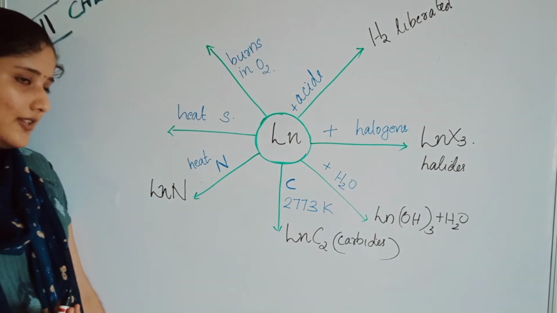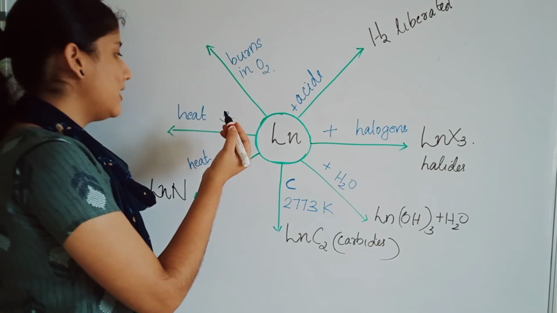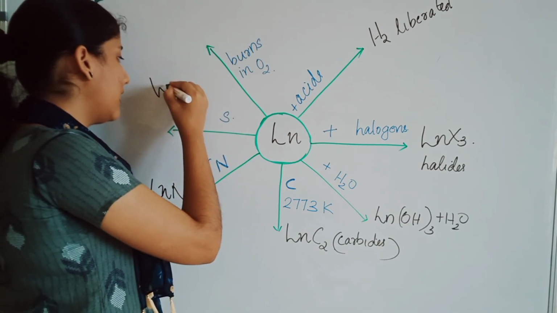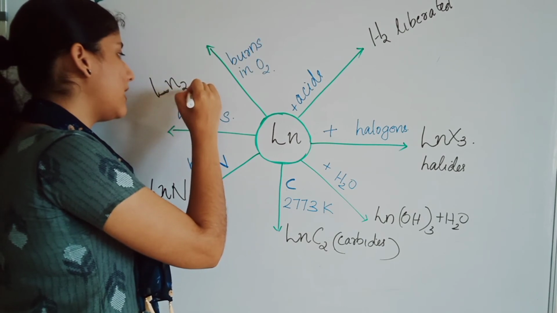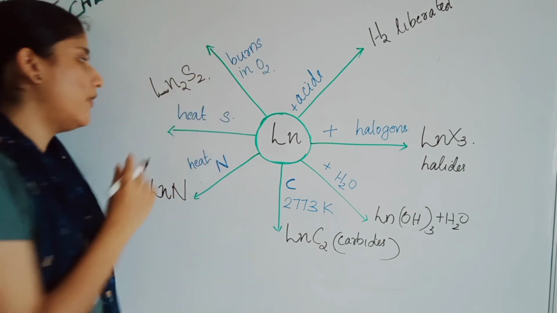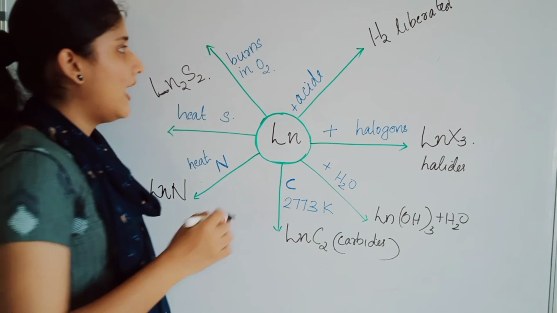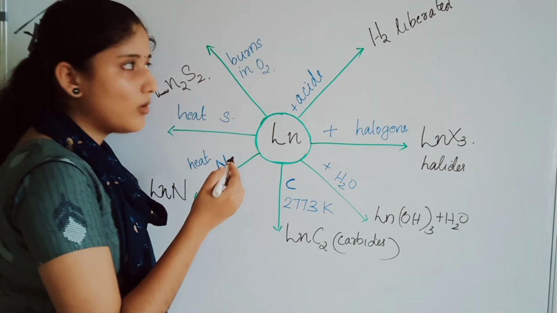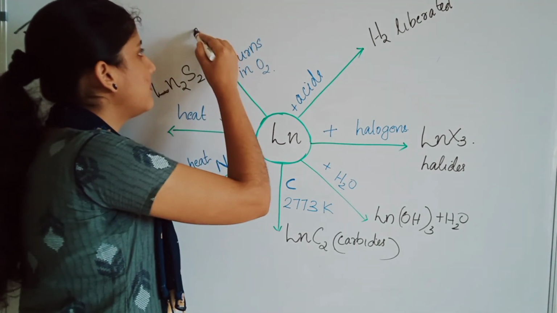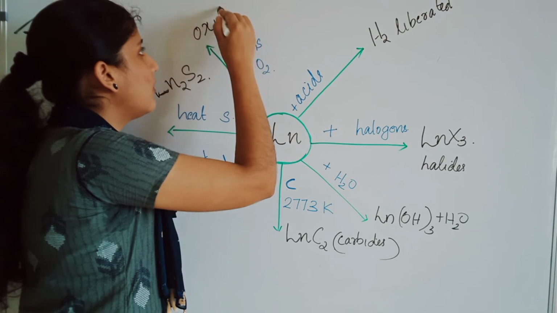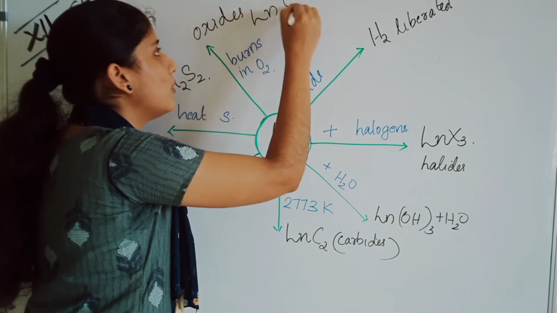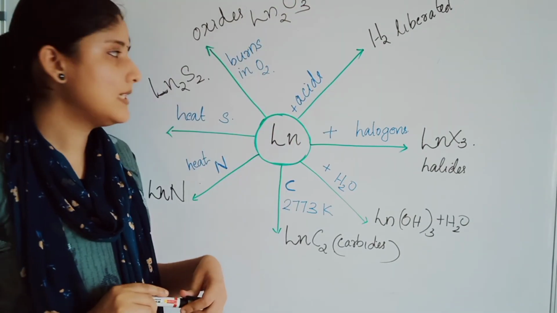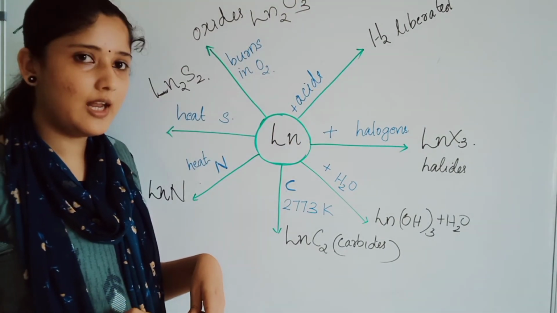When heated with sulfur, we will get Ln2S3, and when burnt in air we will get oxides, that is Ln2O3.